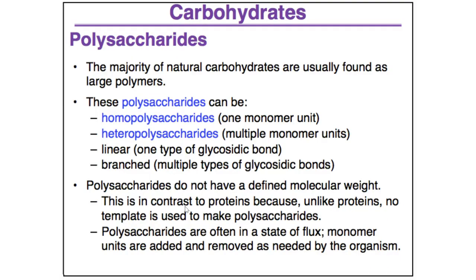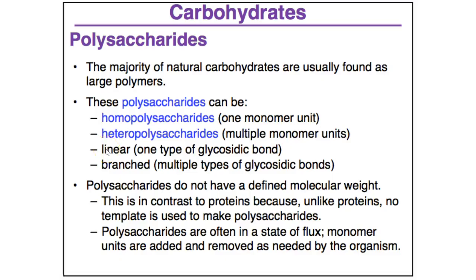And now, in this theme of joining together monosaccharides, when you have multiple joined together, you start to form polysaccharides. The majority of natural carbohydrates are usually found as large polymers. These polysaccharides can be homopolysaccharides, which have one monomer unit that's repeated over and over, or heteropolysaccharides, which have multiple monomer units.